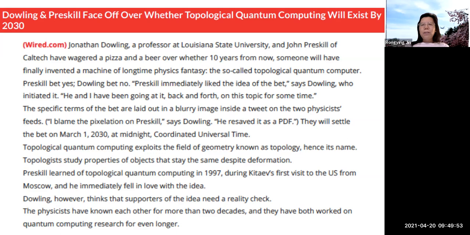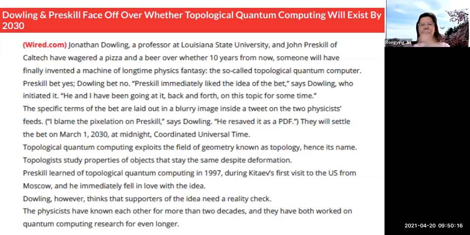And of course, whenever you have a bet, one is up, one is down. I'm not going into details about the actual bet, but this is basically showing you there are two schools of thought regarding topological quantum computing, or more so about topological materials.